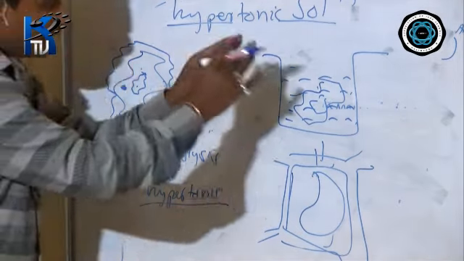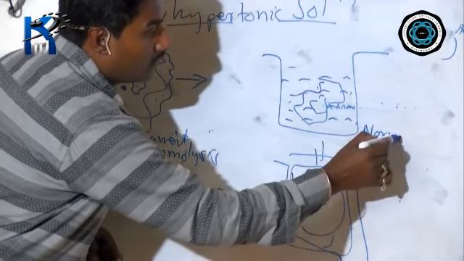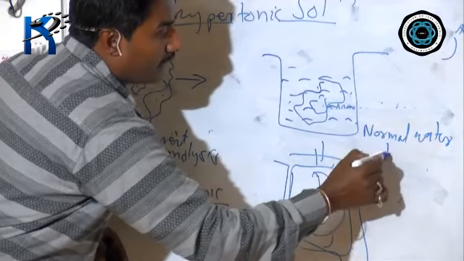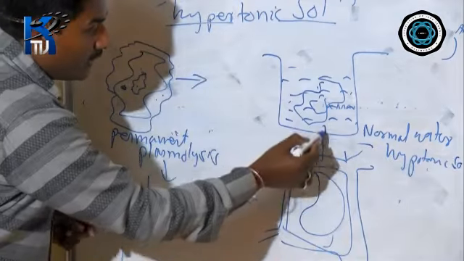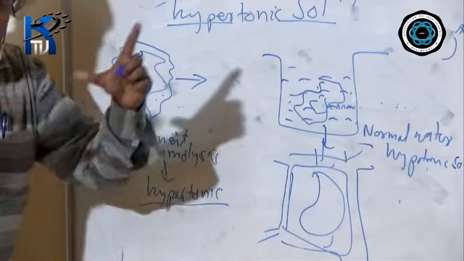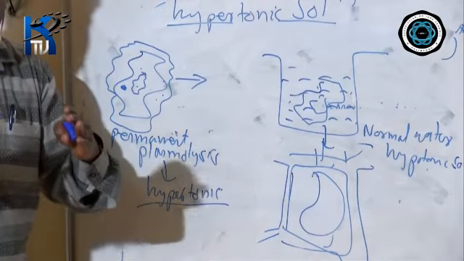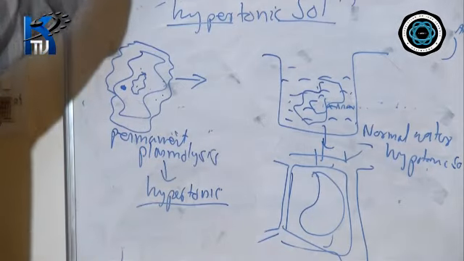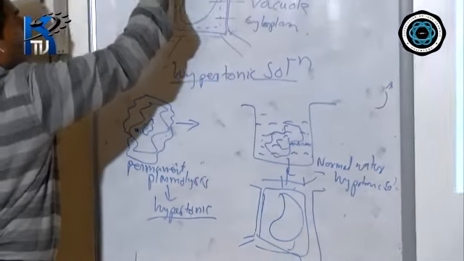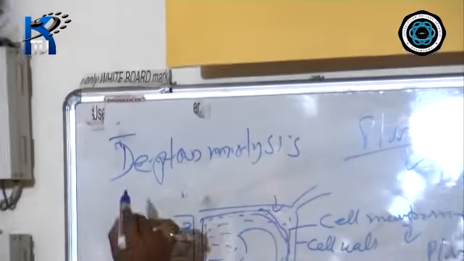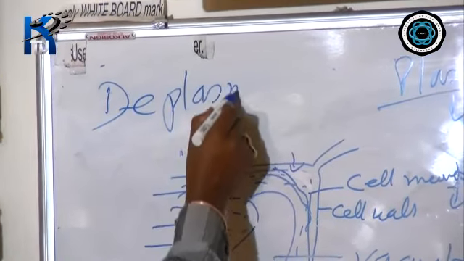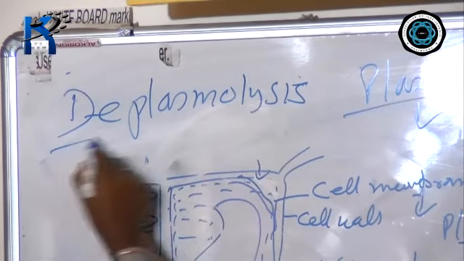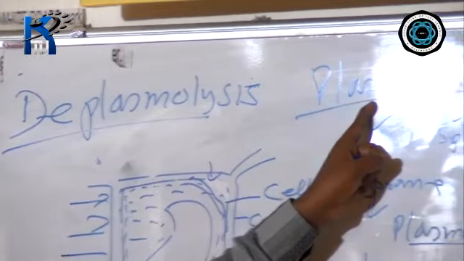Now if you put it back in normal water, or you can say you are putting it in a hypotonic solution, again the cell will come back to its original shape and size. What do you use the term? You use the term called deplasmolysis. That means the opposite of plasmolysis is deplasmolysis.